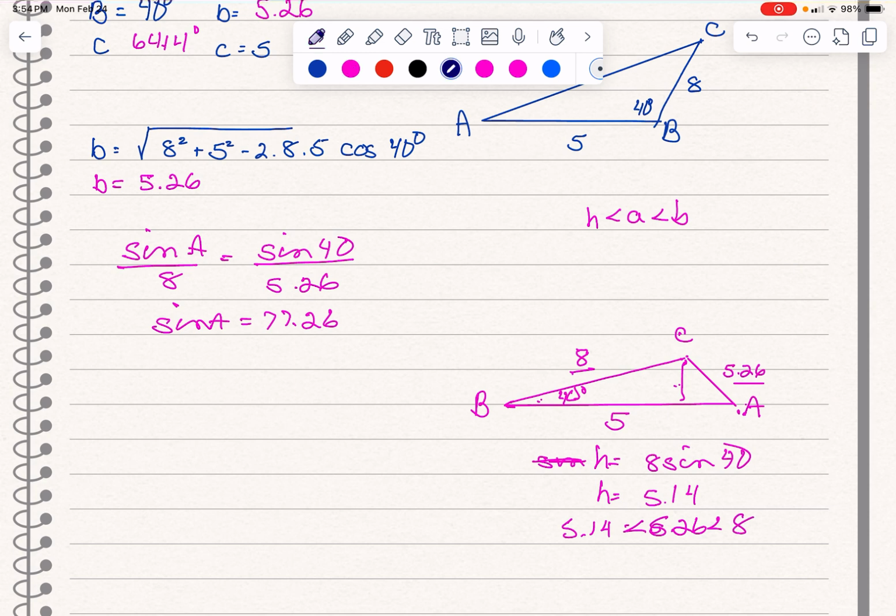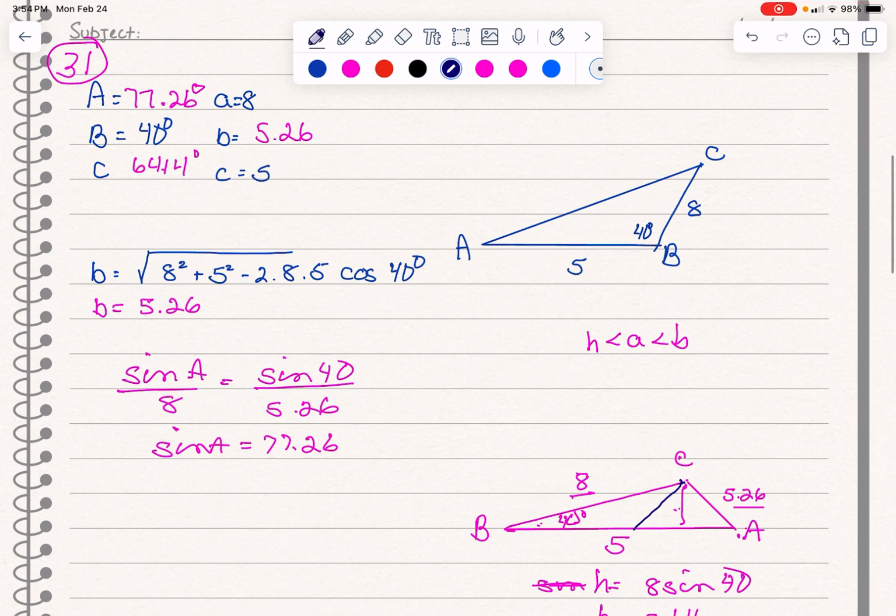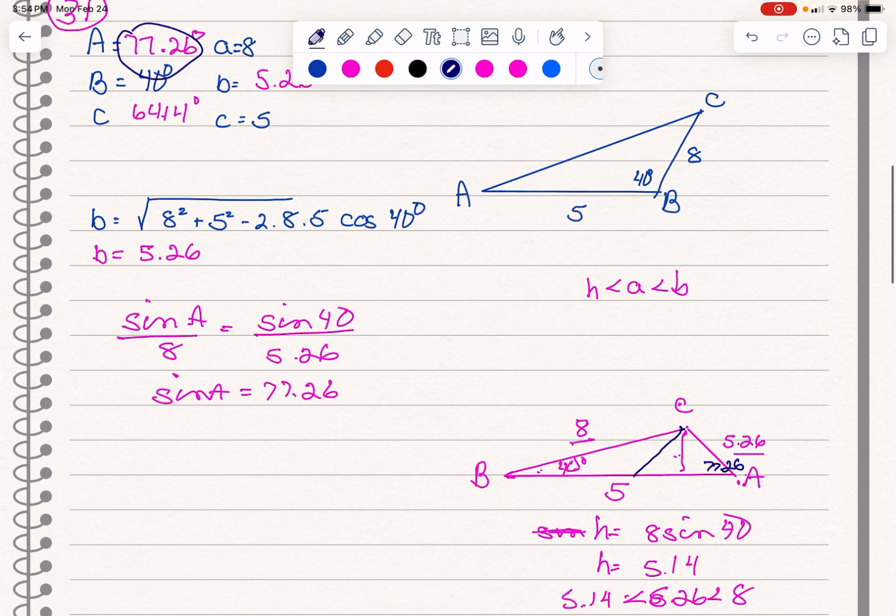So we could have a triangle like the one we drew, or it could be like this. If we take the 77.26 that we got and subtract it from 180, what do you get? 102.34.